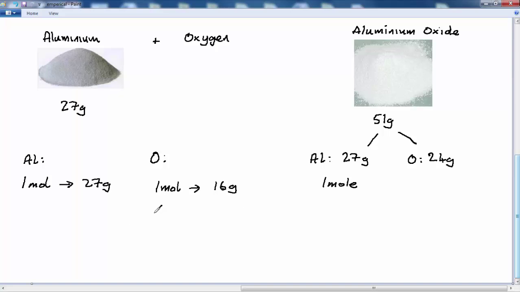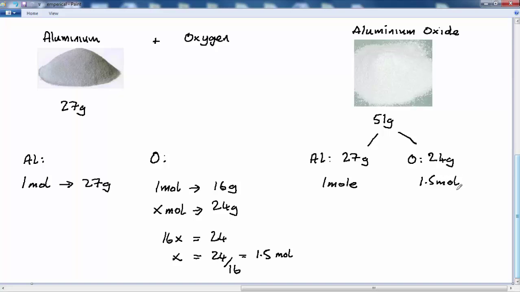Therefore, how many moles, we ask ourselves the question, is 24 grams. That's the amount of oxygen present in our sample here. And we cross multiply 16x equals 24 times 1. Therefore, x equals 24 divided by 16, which is equal to 1.5 moles. So we have 1 mole of aluminium atoms to 1.5 moles of oxygen.